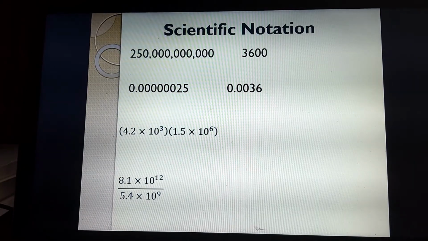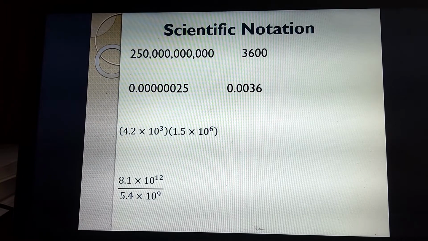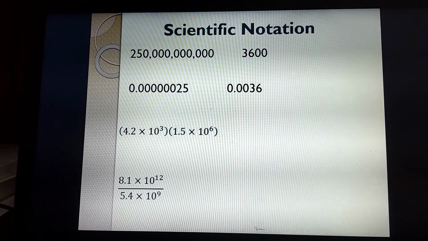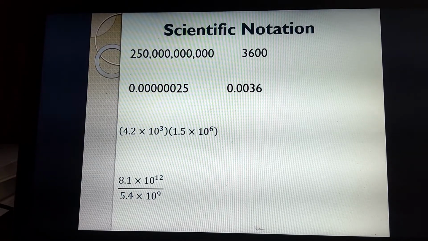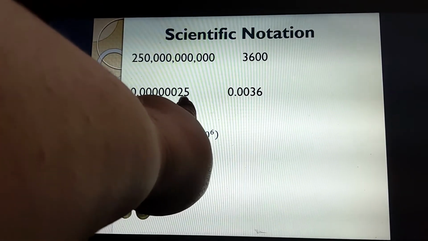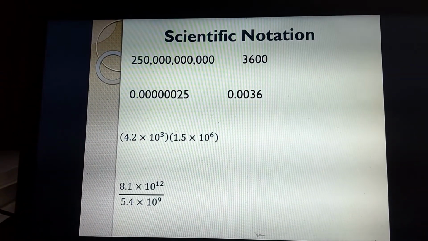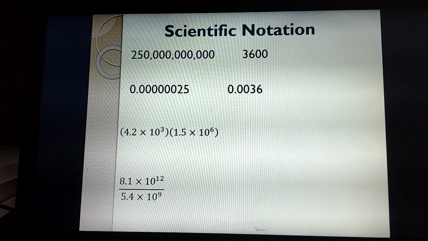If you are a machinist, depending on what you're making, you may be using very, very tiny numbers. When my husband was a machinist, for a while, he was making medical parts, and they had to be perfect within this much of an error. So scientific notation came into play a lot.